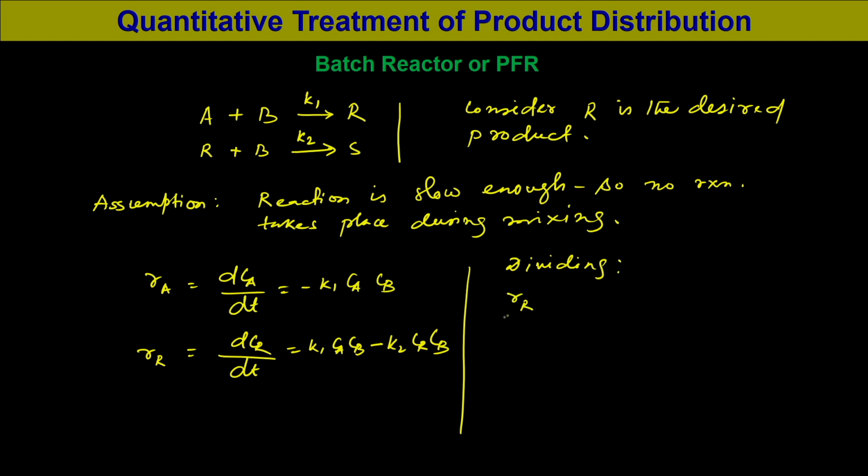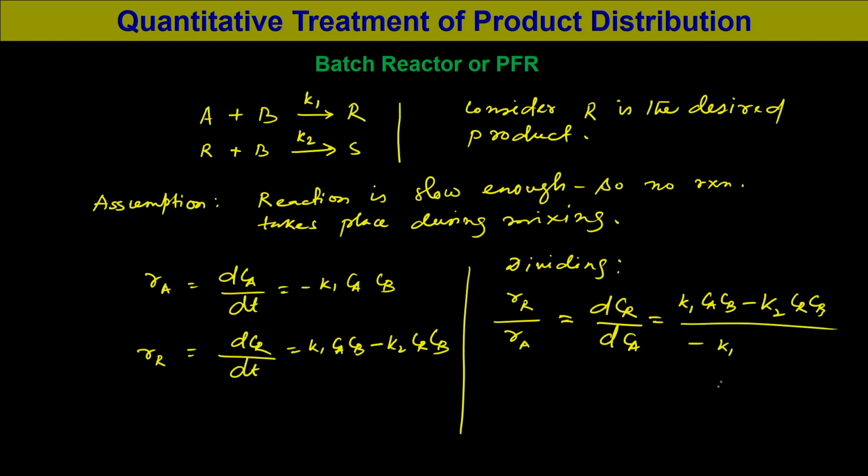rR by rA equal to dCR by dCA. So, this would be equal to K1 CA CB minus K2 CR CB divided by minus K1 CA CB.